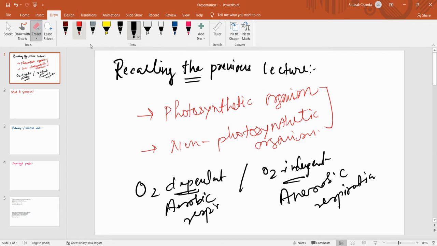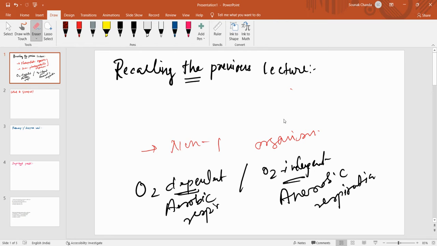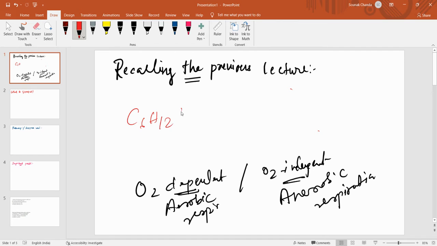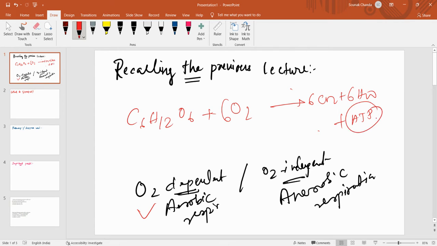If we recall from the previous class, the energy source or substrate, the molecule we take to extract ATP from, is the glucose molecule, C6H12O6. In aerobic respiration, in the presence of O2, it yields 6CO2 plus 6H2O plus ATP, and this ATP is utilized by most organisms. The 6CO2 and 6H2O are the final products.